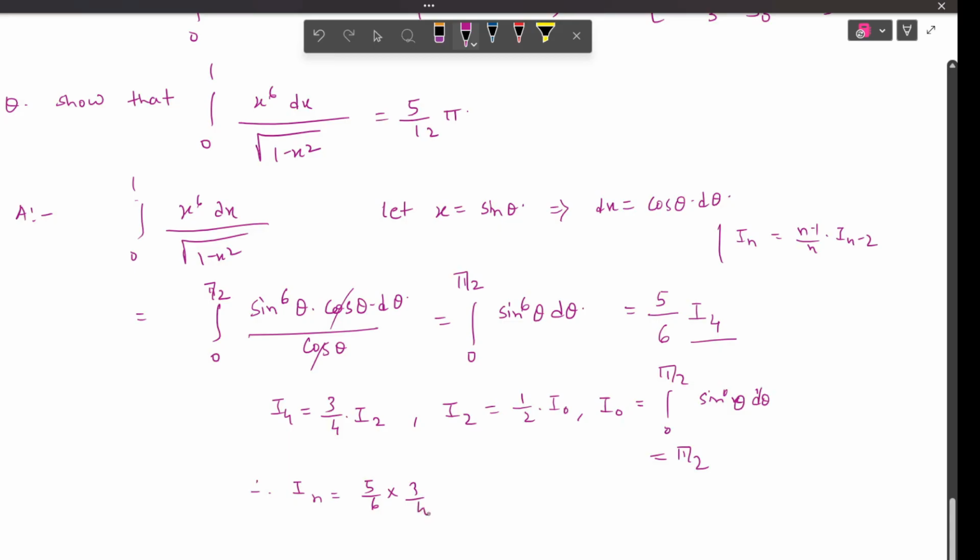I4 is 3 by 4, I2. I2 is 1 by 2, I0. I0 is pi by 2. Okay. Now if you evaluate, you will get 5 pi by 32. That's how you have to apply the reduction formula.